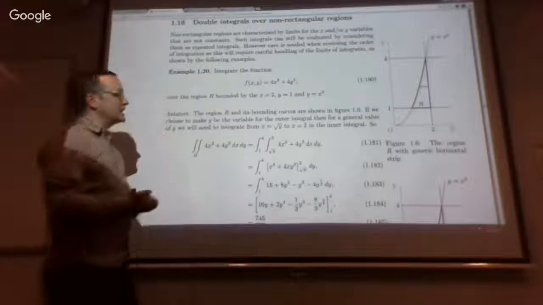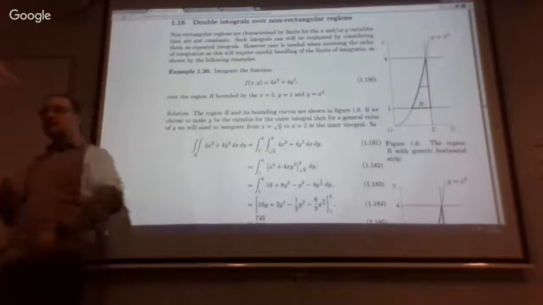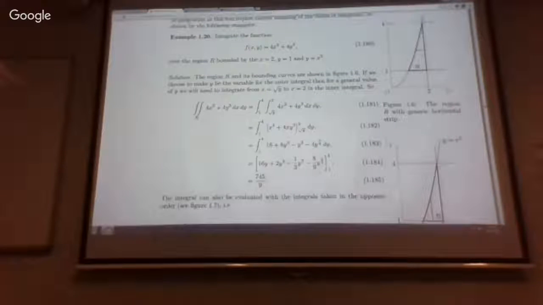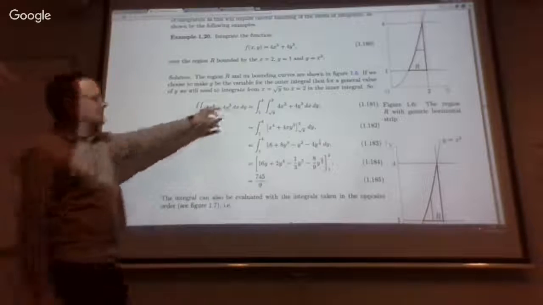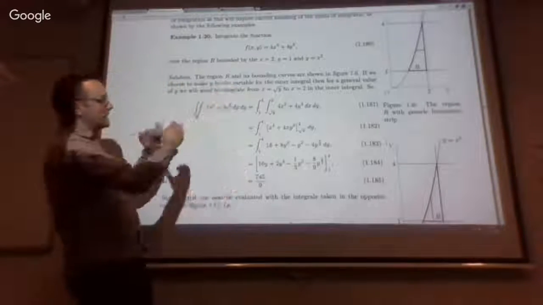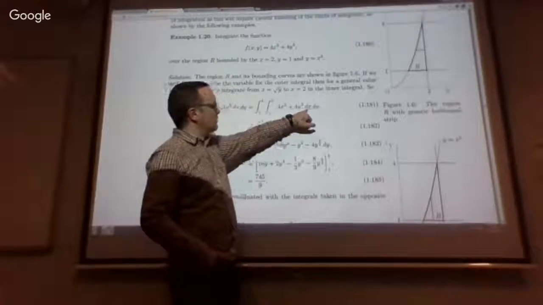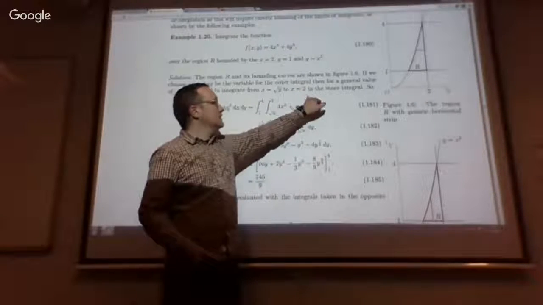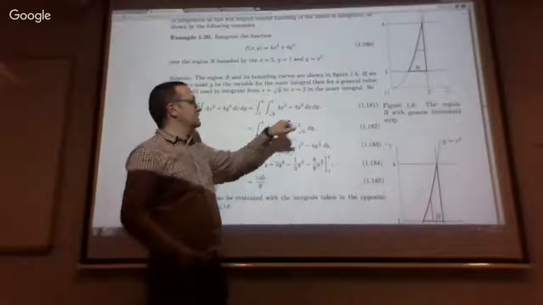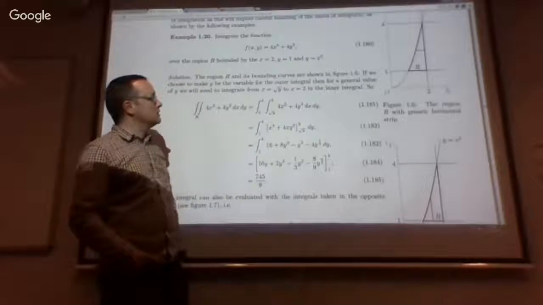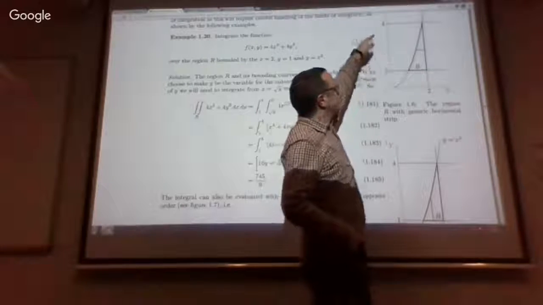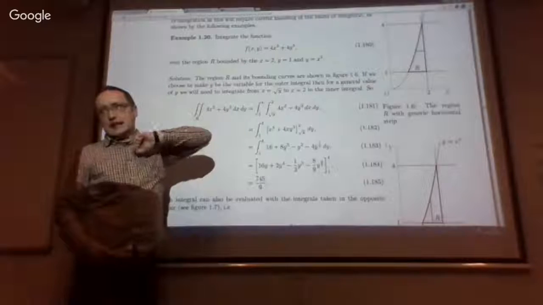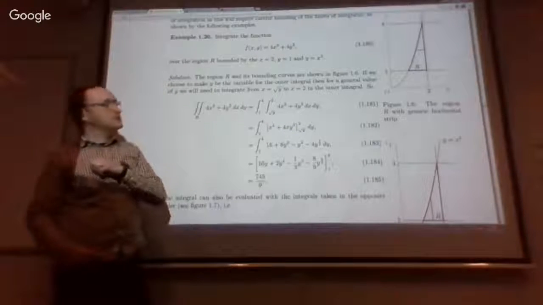Now, because it's non-rectangular, the limits of integration can get complicated. And we described how there's a kind of dynamic process in filling in these 4 limits here, where you work from the outside in. If we took it that we were going with the order dx dy, so that dx was the variable for the inner integral, dy was the variable for the outer integral, we had to go from y equals 1 to 4 to capture the region, after we plotted it out and figured out what the boundaries of the region were.